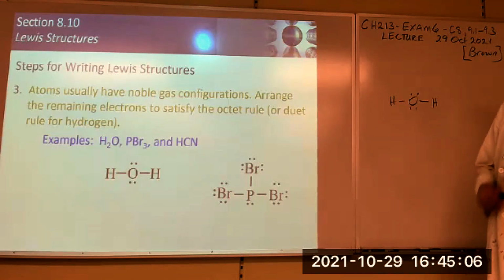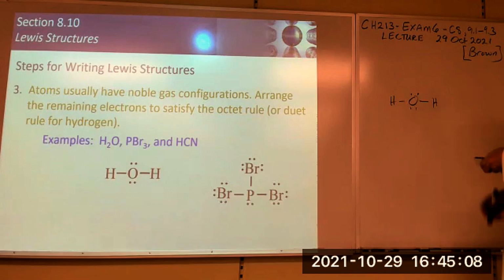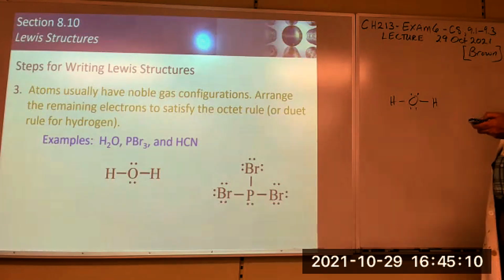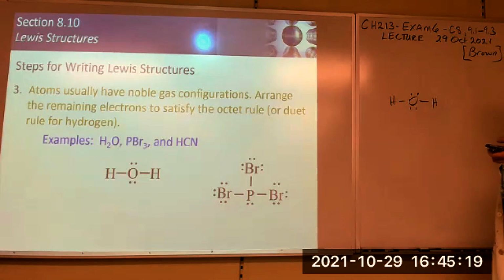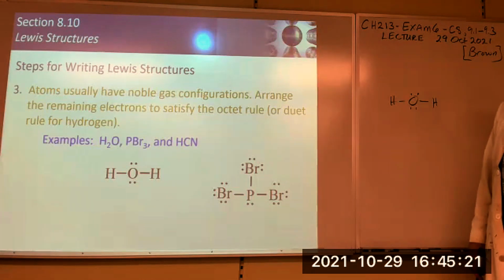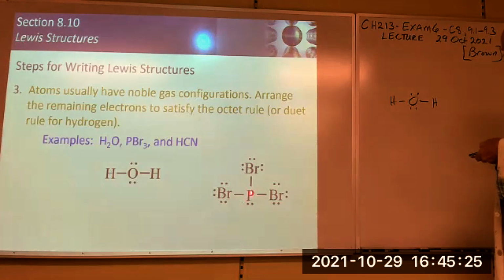So phosphorus has 5 valence electrons. Bromine, keep going, 5, 6, 7. Bromine has 7 valence electrons. So 3 times 7 is 21 plus 5 is 26. 26 valence electrons. And then you position phosphorus in the middle.